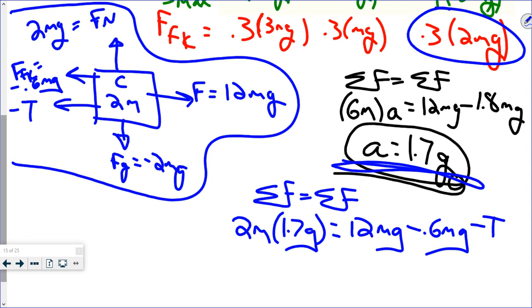Solve it, and what's wild is you get 8mg again. So weirdly, the friction didn't affect the tension in the rope, which is really interesting.